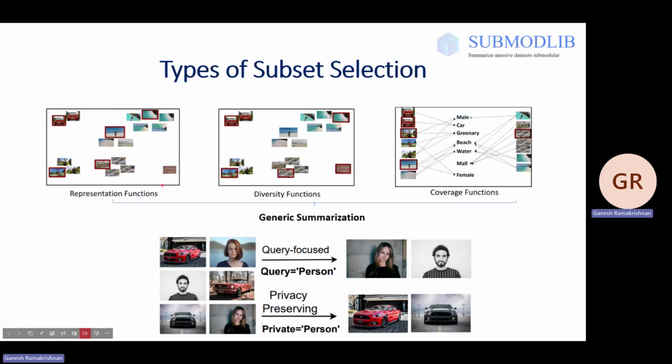While representation functions represent directly, coverage functions work differently. For example, I might not look at the balls, but maybe there's a dog sitting there.